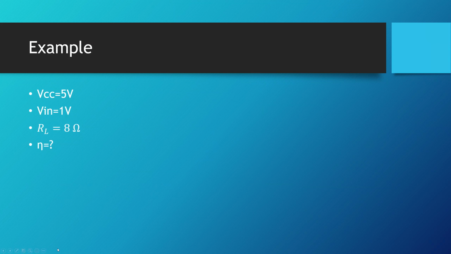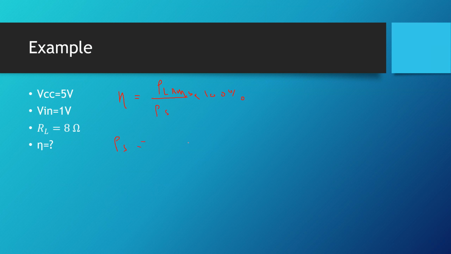Now, we need to calculate, let me get the pen here. We need to calculate the power efficiency. The formula says that power efficiency eta will equal the power at the load, RMS value, over the power at the source times 100%. Now, let's calculate the power at the source value since it's easier.